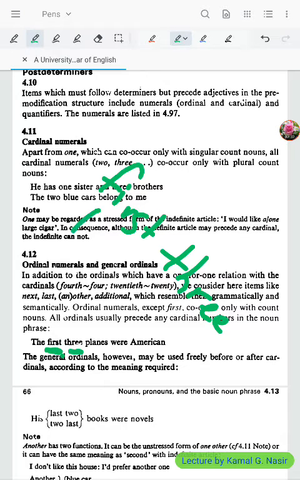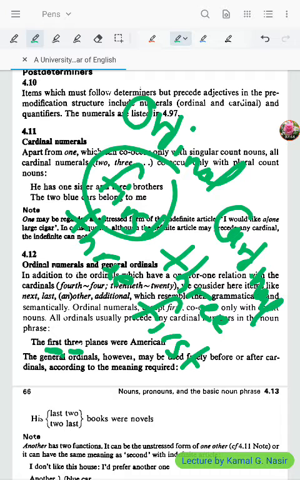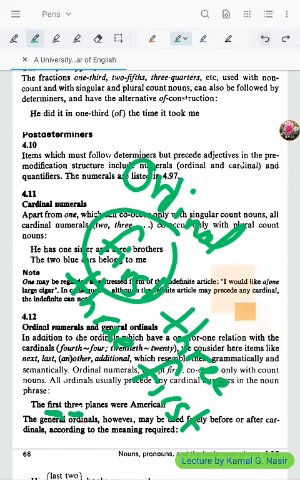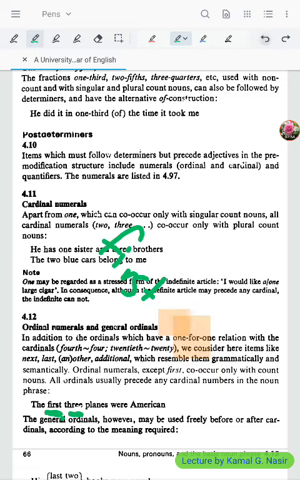We do not say the 3 first. So the ordinal comes before the cardinal, and the cardinal comes after the ordinal. This is important in writing the numerals, when the numerals come together. Right?